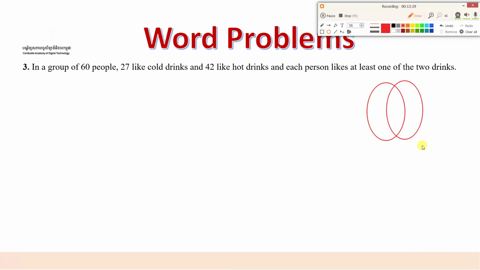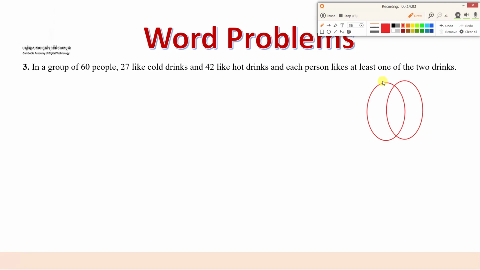But they said that 27 like a cold drink, and 42 like hot drink, and each person likes at least one of 2 drinks. So this one is 27, this one is 42.